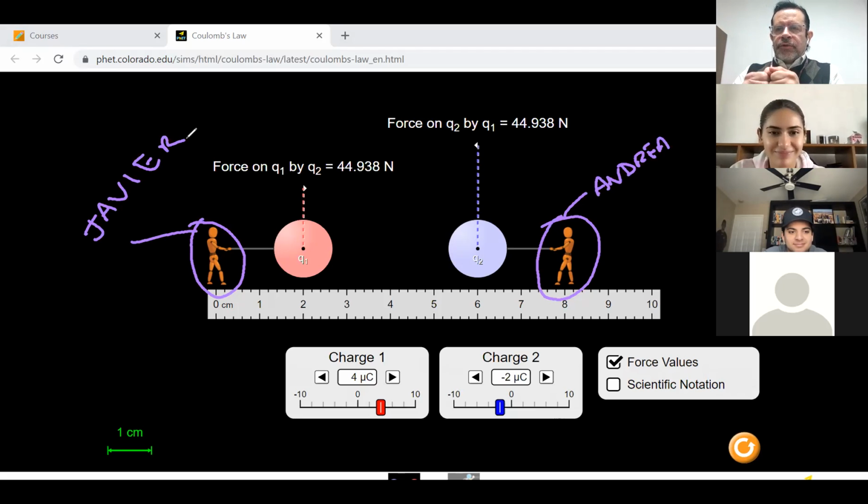What would you feel with regards to the force in this situation if you're holding it? Let's imagine that you're the person here holding that charge. And you're saying that it's not moving, right?